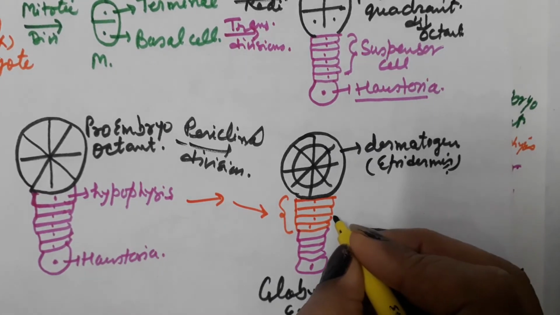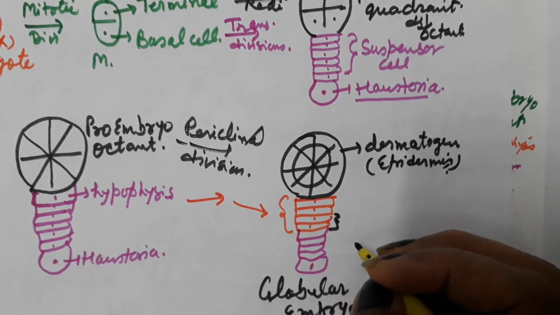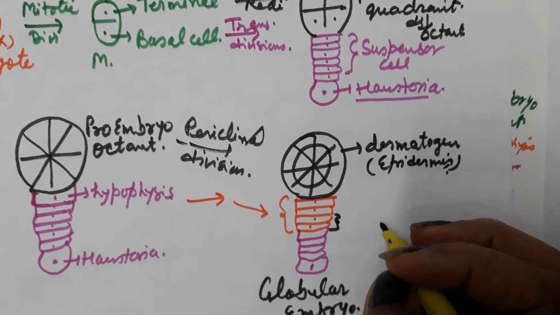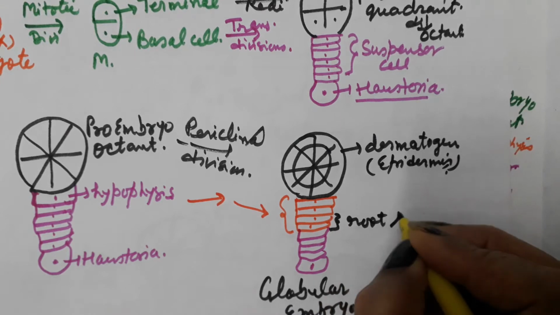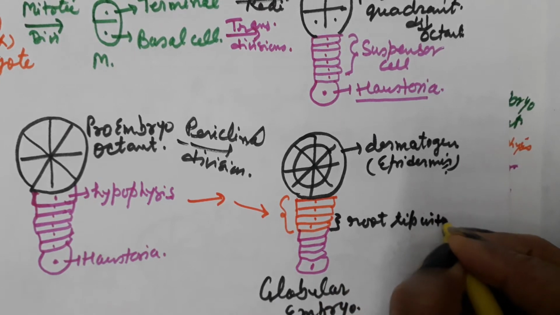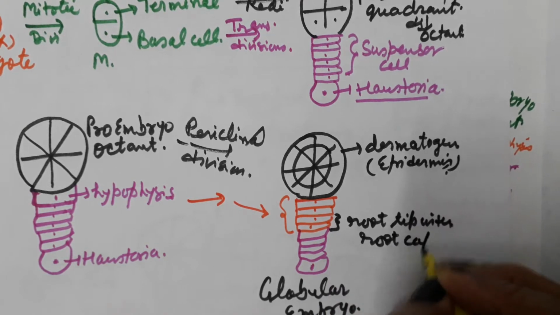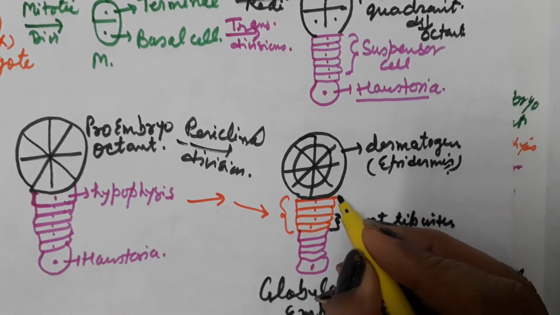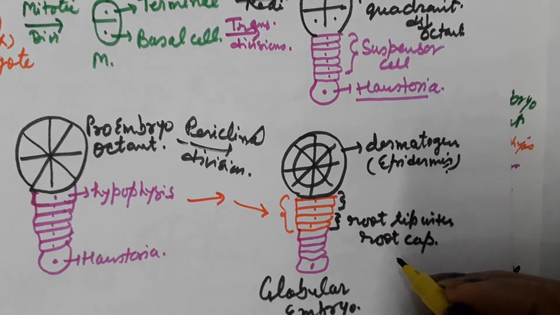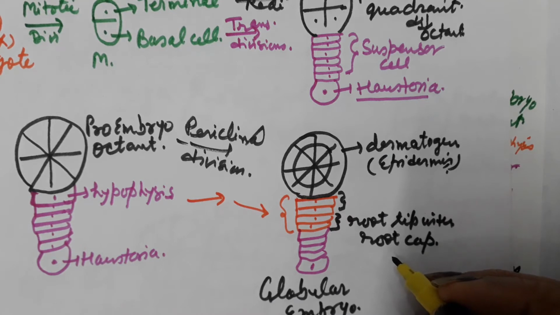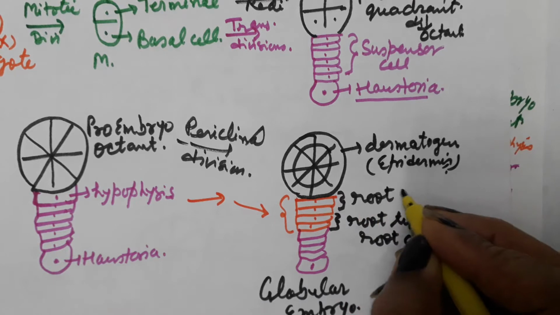The lower 4 cells of the hypophysis give rise to the root tip with root cap. The 4 cells of the hypophysis which are present towards the proembryo give rise to the root cortex.